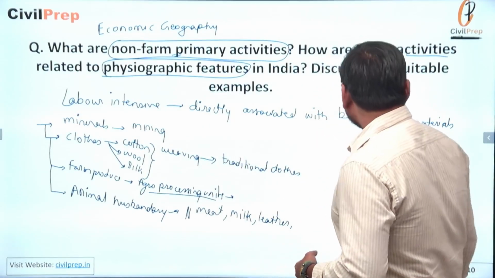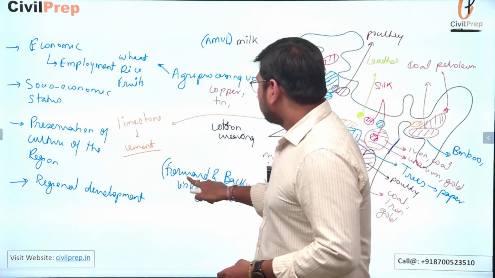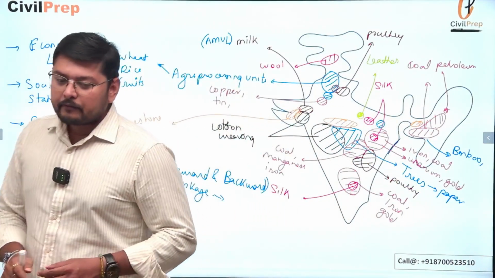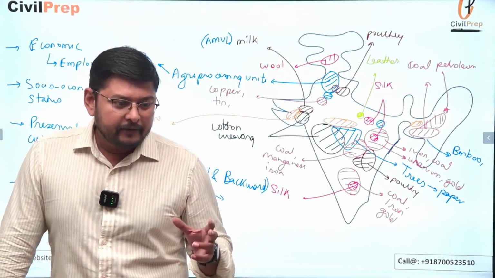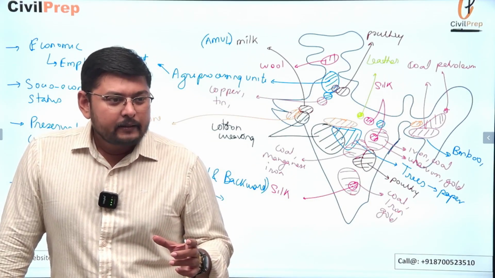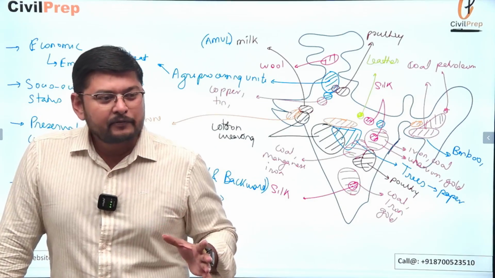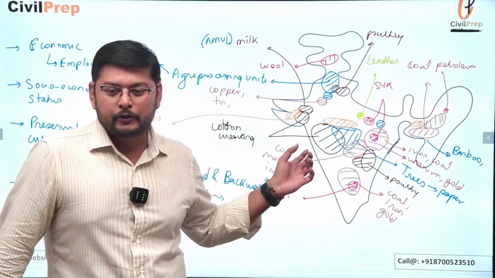Now, under the conclusion, what we can give is that the forward and backward linkages are seen with respect to the development of the various non-farming primary activities, which is helping in the development of the overall region of India. So with this note, we can end this question.